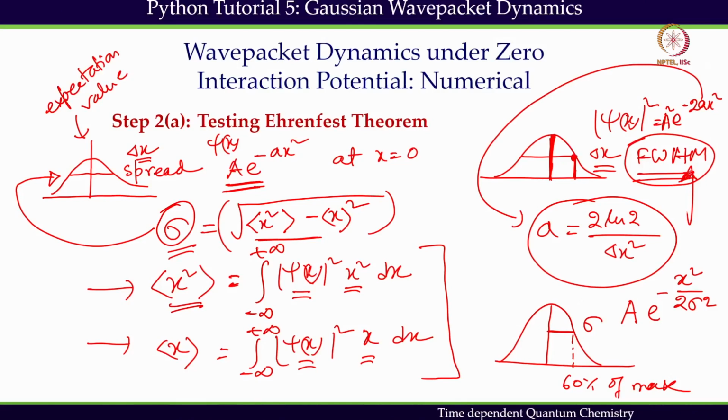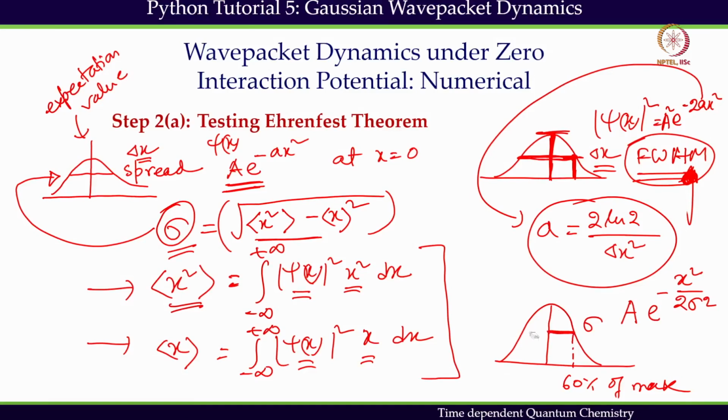In contrast to the full width half max that we have learned, which is the full width at the half maximum, where the maximum is here and at half of the maximum it is the width, sigma, which is related to variance, also represents the spread of the Gaussian, but that corresponds to the half width. This is the half width, we are not taking the full width here.